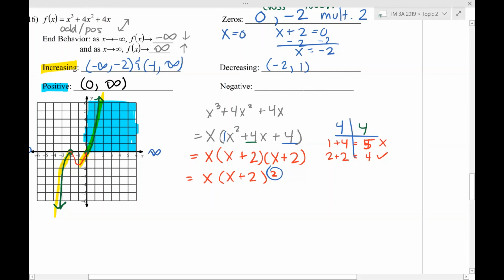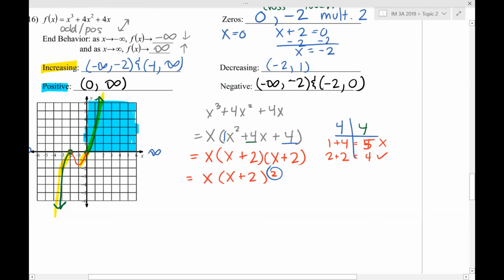And then it's negative on this section of the graph, so it's negative from negative infinity, and then it's actually 0 at -2. So we technically would need to write negative infinity to -2 and then -2 to 0 to break that up.